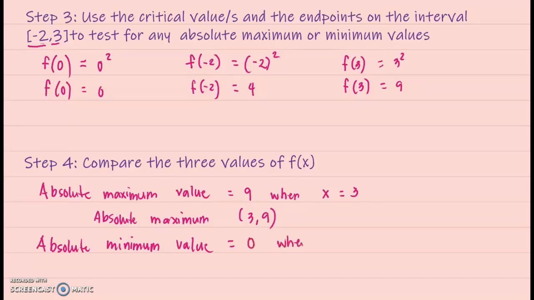That is when x is equal to 0. So your absolute minimum is at the origin. Meaning to say, in your graph, f of x equals x squared, on the interval from -2 to 3, the lowest point on the graph is at the origin.